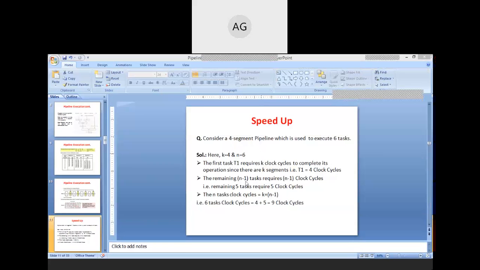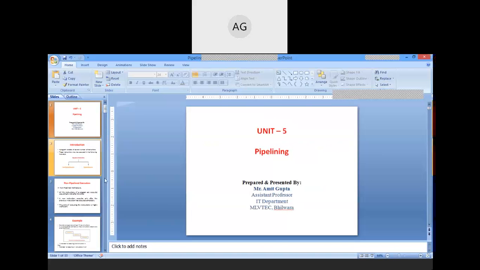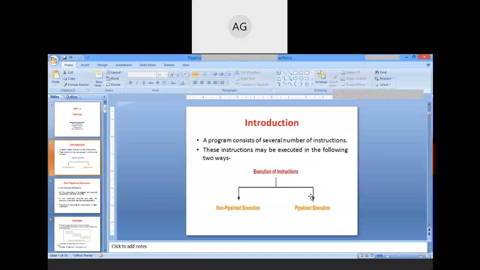So let's revise. In the morning class, we already discussed pipelining, and there are basically two methods of execution of instructions in a computer. First is non-pipelined execution and the second is pipelined execution.